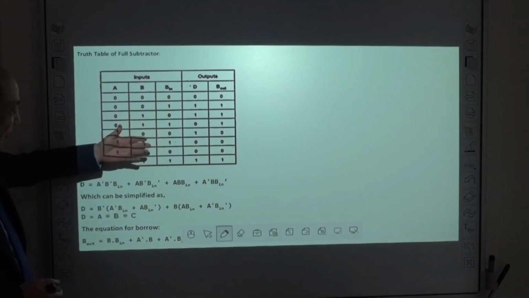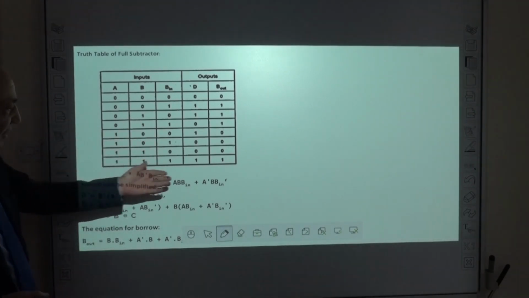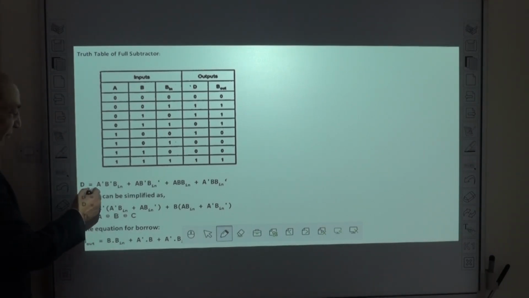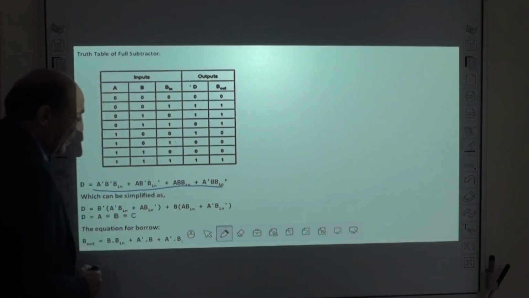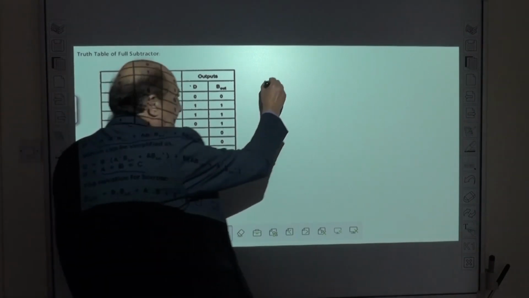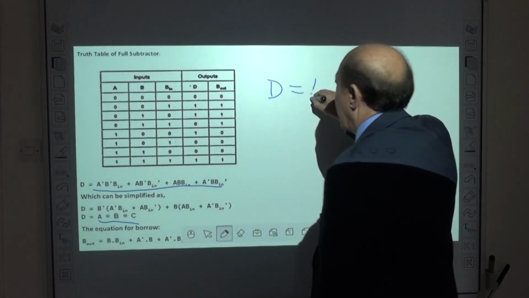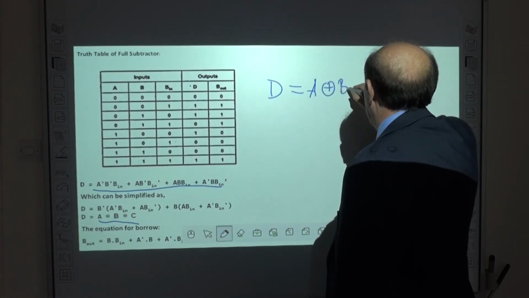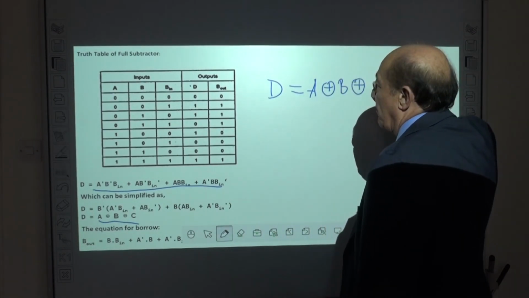And from the truth table, you can write the expressions for difference and borrow. Here we have the difference, and we can simplify it in this form or rewrite it in this form and obtain that D equals A exclusive OR B exclusive OR borrow in.